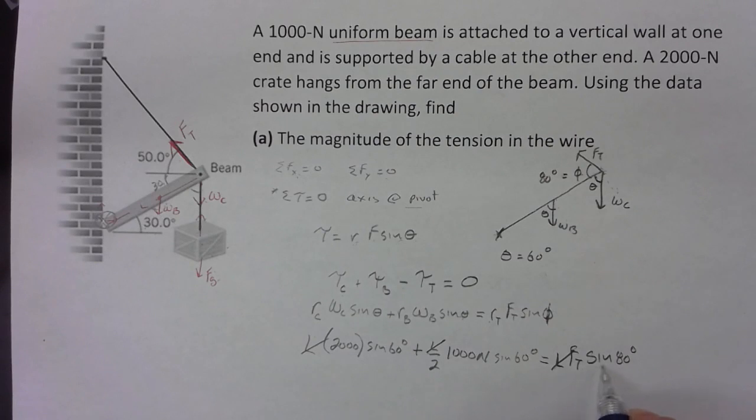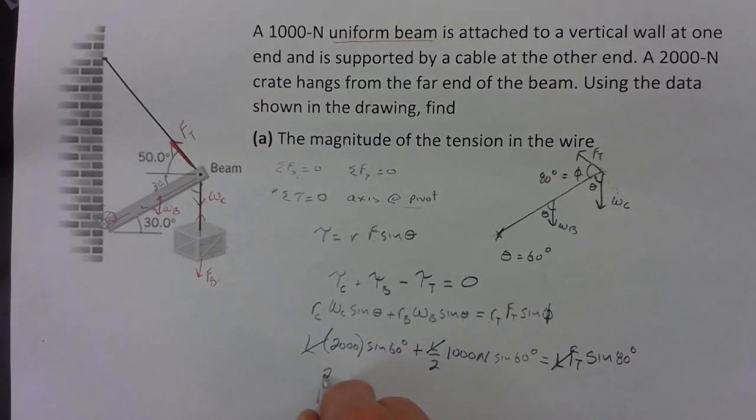So I'm just going to divide the sine of 80 out over here. We're going to have the 2,000 times sine 60 plus the 1,000 over 2, 500 times sine 60, divided by sine 80, is going to equal my tension.